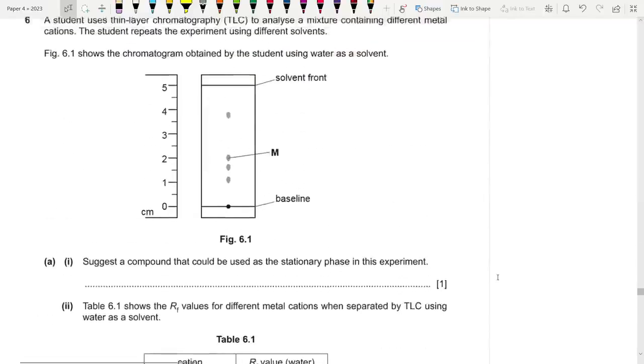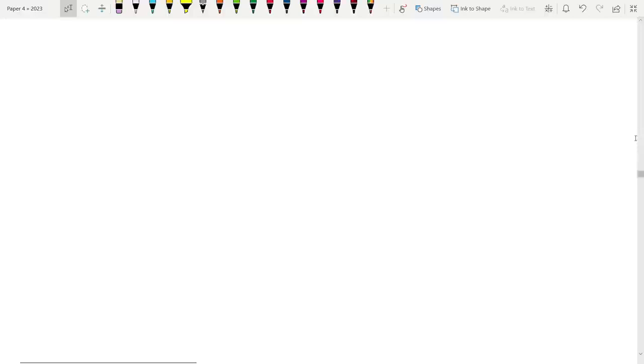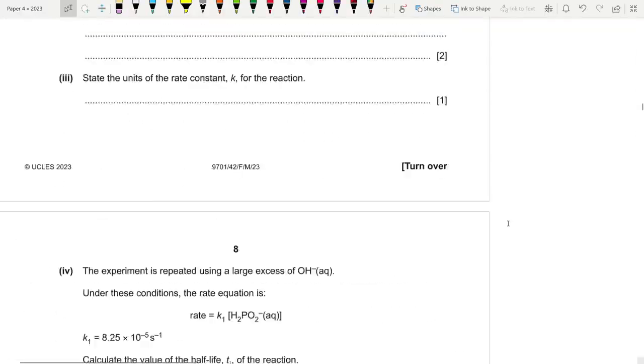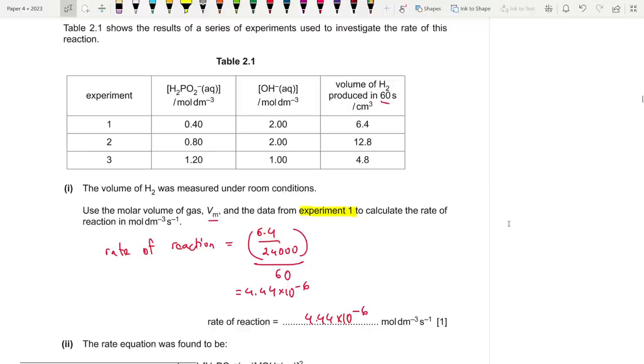So if you see the value of Vm over here, it's actually 24 dm cube per mole. So when you divided 6.4 cm cube by 24,000 cm cube per mole, we get rid of the cm cube and the mole actually went to the top, right? So we end up with 4.44 times 10 to the power minus 6 moles per second.